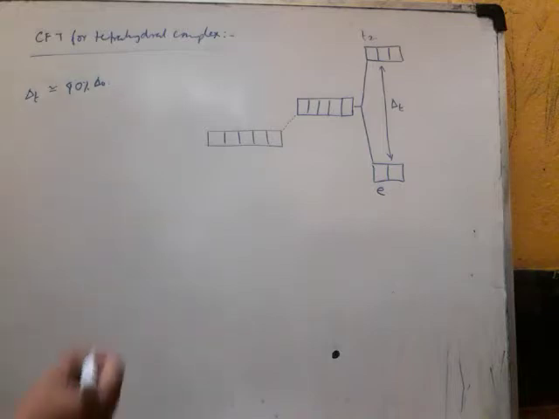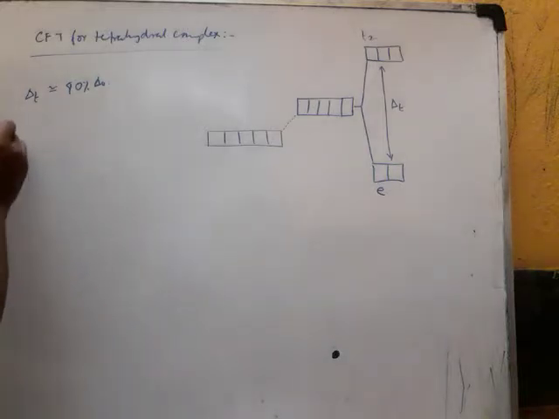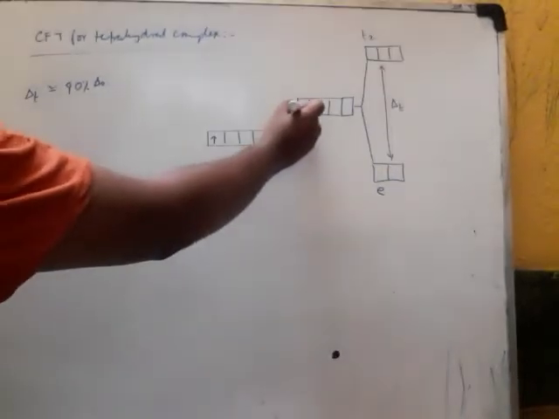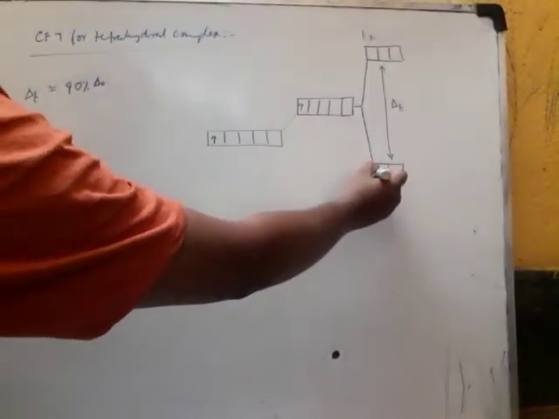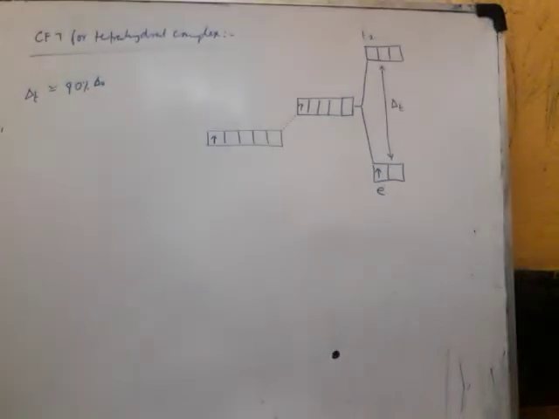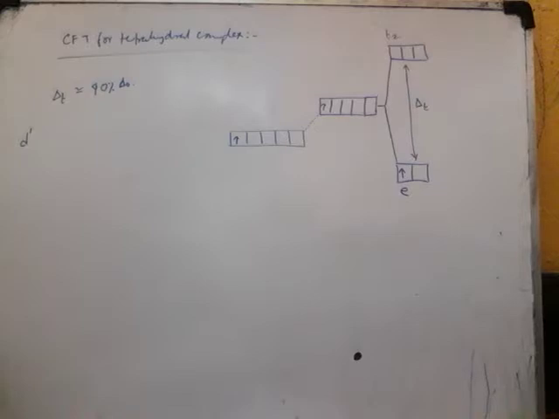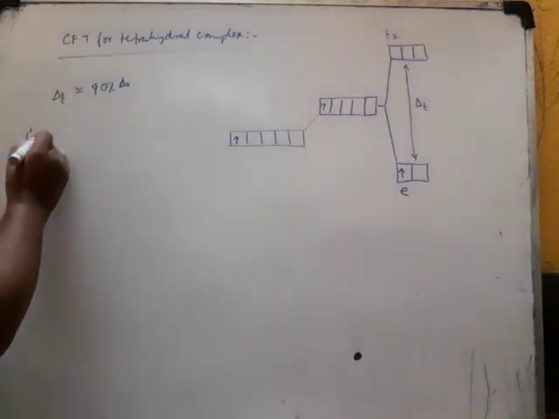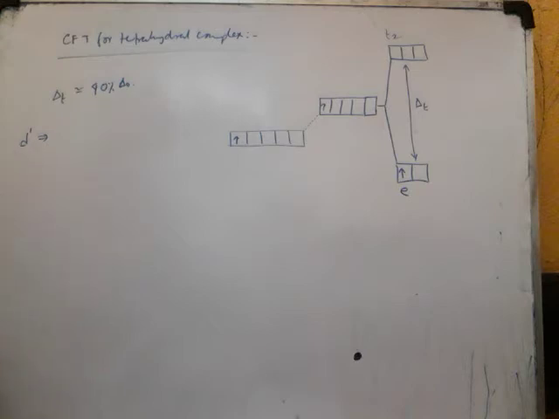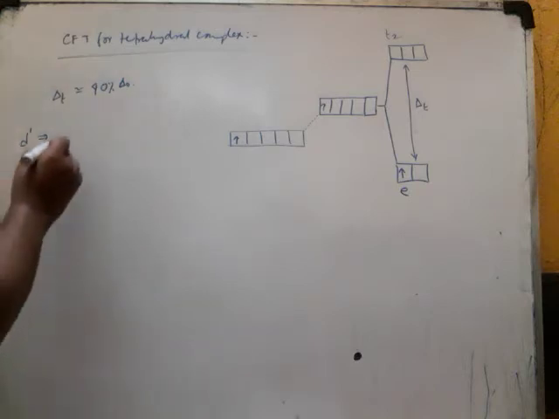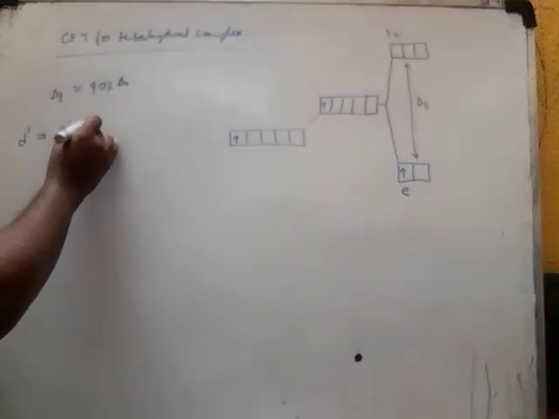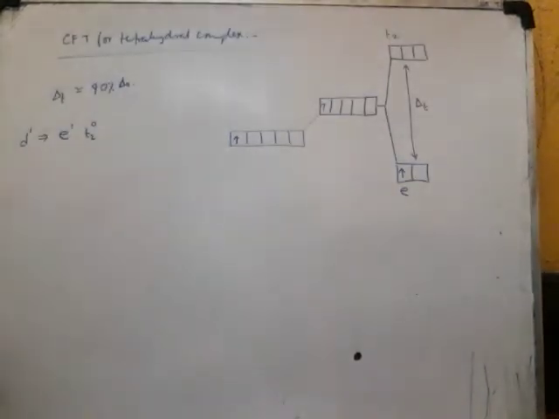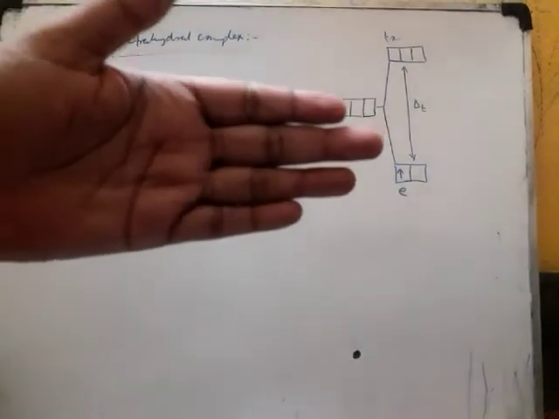So, when a central atom has electronic configuration d1, the electron goes first to the E energy level. Then the electronic configuration of a d1 complex in tetrahedral field is E1 T2^0.